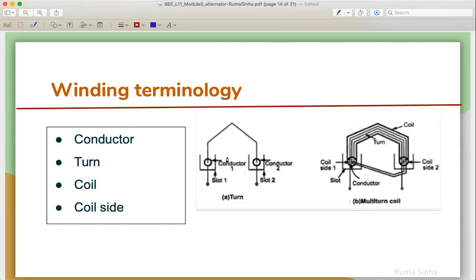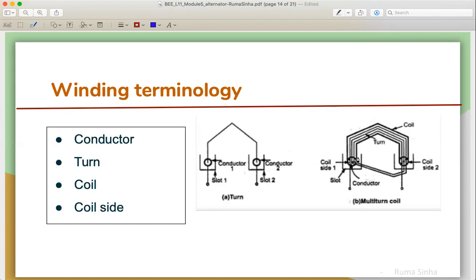In one slot, it's not necessary that only one conductor has to be placed. There are multiple conductors placed in a slot and they are connected to the conductors which are placed in another slot. The whole thing is called a coil. One single conductor here and another single conductor here, when they are connected together, that is a turn.